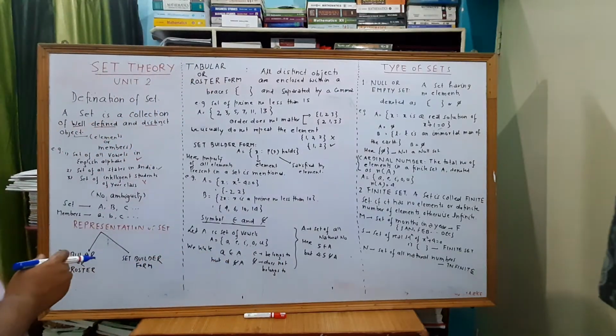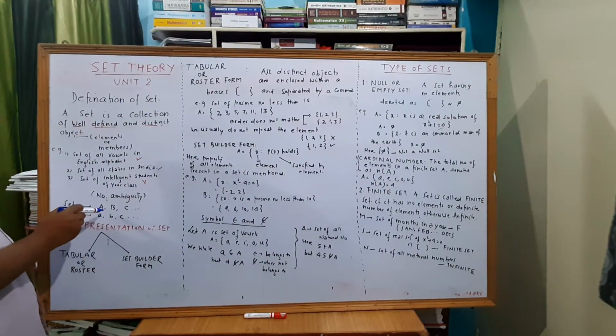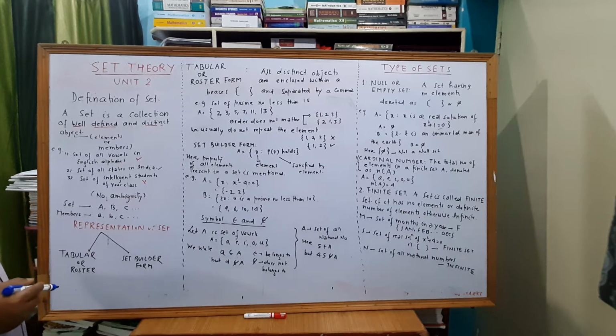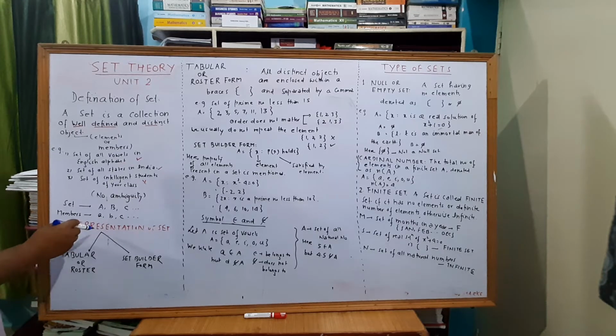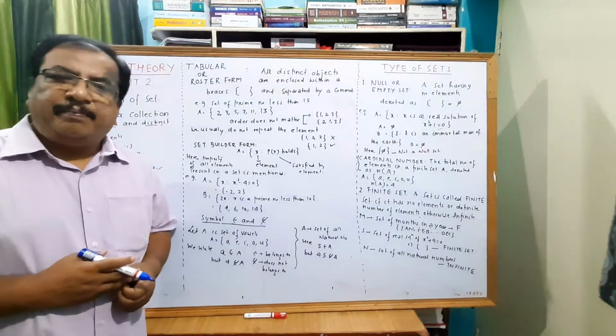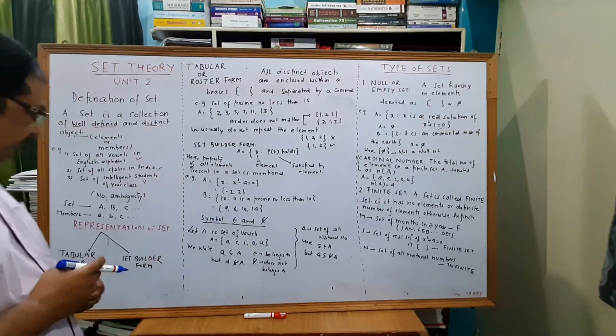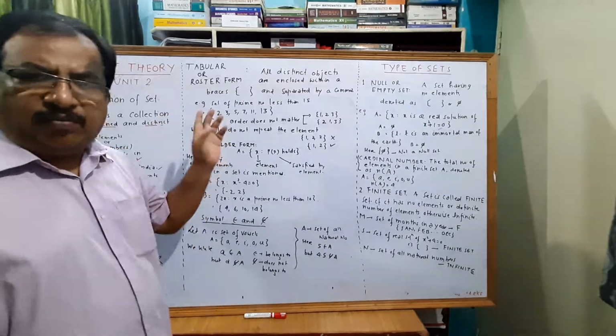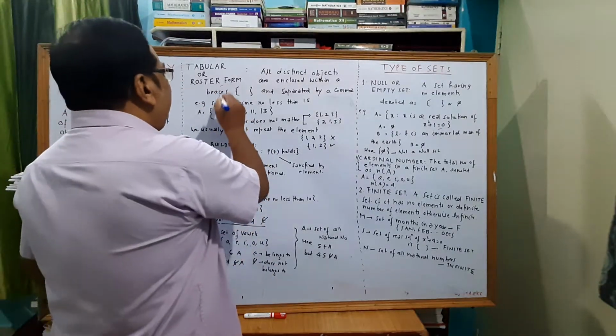Now, a set is represented by capital letters A, B, C, and members by lowercase letters, usually a, b, c. How are sets represented, children? Sets are represented by two methods. One is the tabular method and the second is the set builder form. The tabular method is also called the roster method.